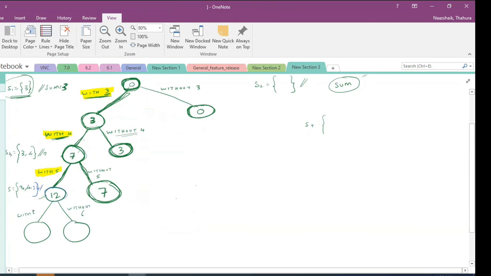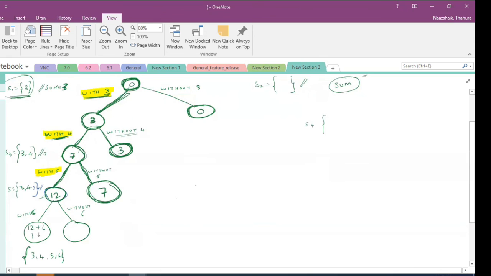With 6 means first you tell me how your set will look, because you need to imagine what all will be contained in the set. 3, 4, 5, 6. Very good. And then what will be the sum? Just add it to your parent. So it will be 12 plus 6, 18.